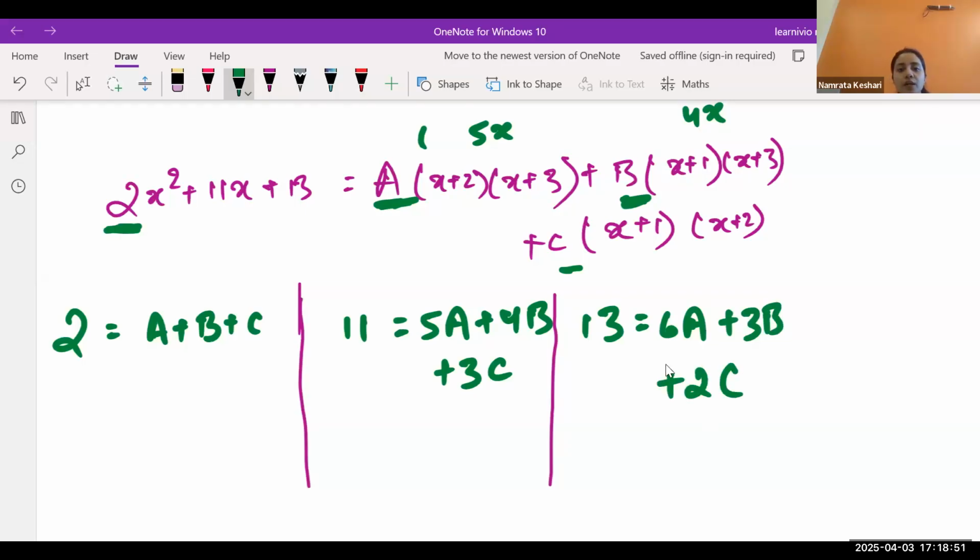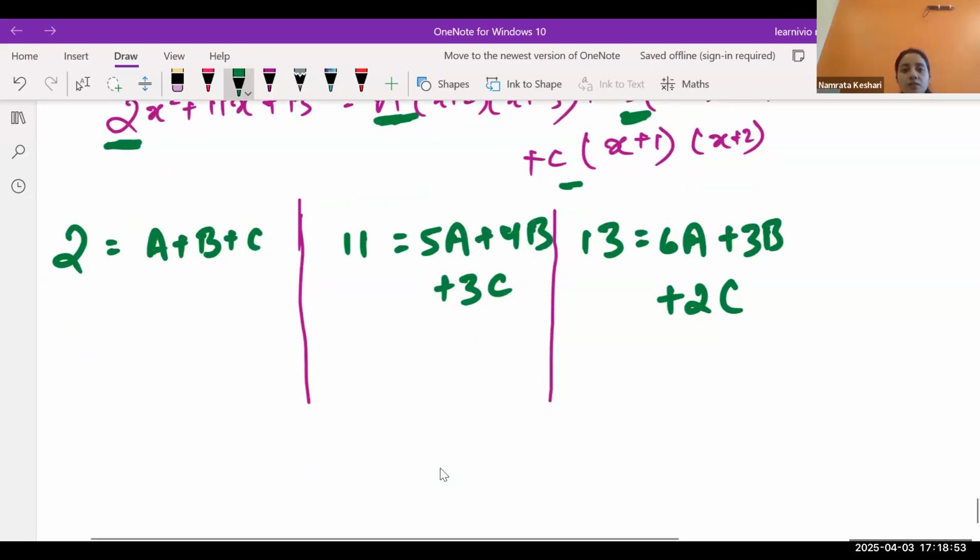Now we have to find the values. So we can say that A equals 2 minus B minus C. Or please solve these equations and tell me what A, B, C are now.